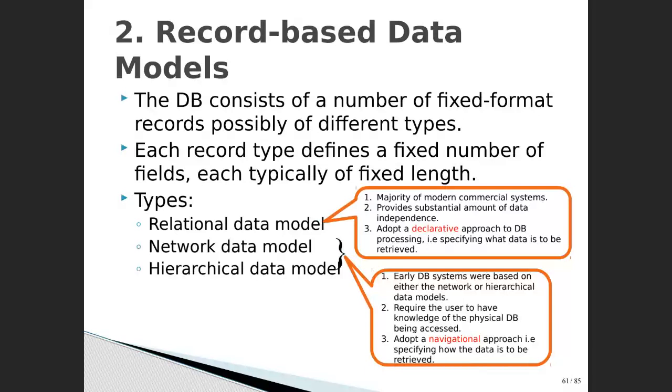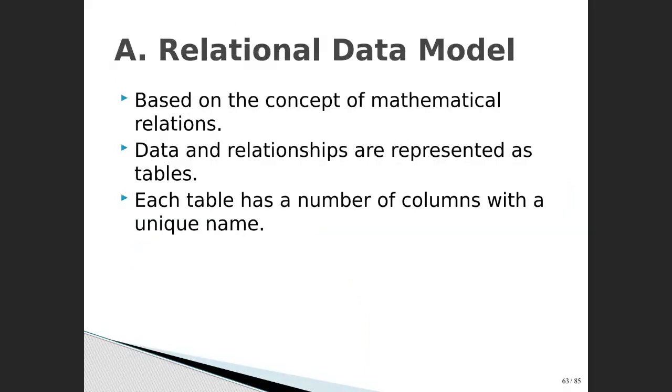Now we stopped here in the relational, right? We will start here today. Relational data model. The relational data model is record-based, which represents data in the database as records, relations or tables.